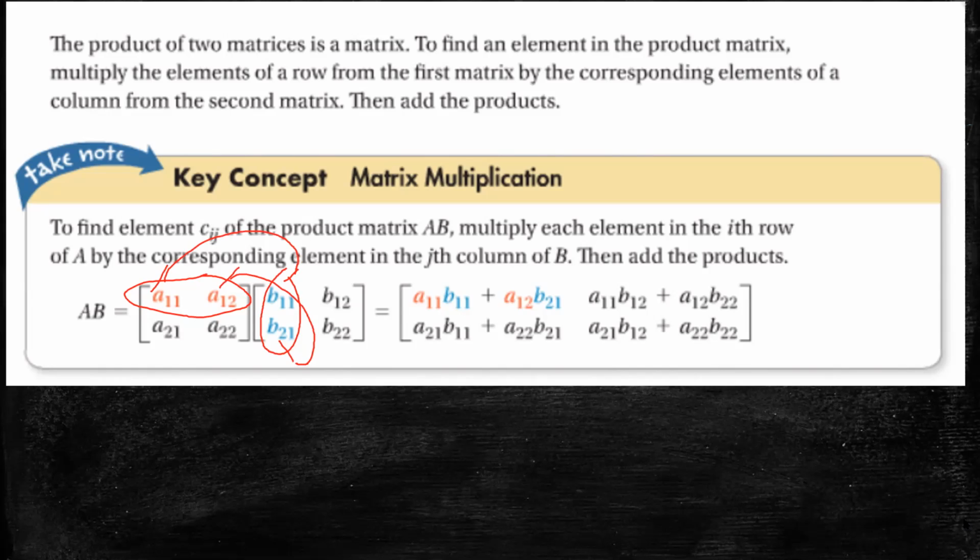Then after I finish, I will multiply the first row, but now with the second column. I multiply the first element with the first element in this column and the second element with the second element in this column, like A sub 11 times B sub 12 plus A sub 12 times B sub 22.